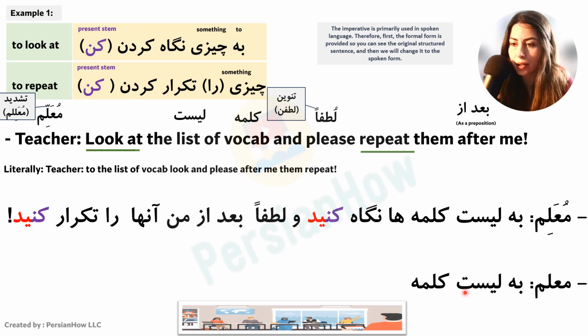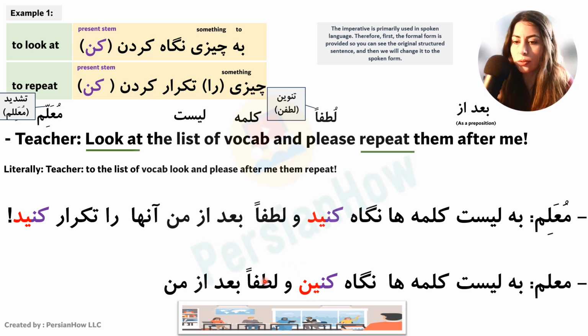به لیست کلمه ها نگاه کنین و لطفاً بعد از من تکرارشون کنین. So what changed here? The first thing here, کنید changed to کنین. And then we said in the spoken language, we don't really pronounce va.